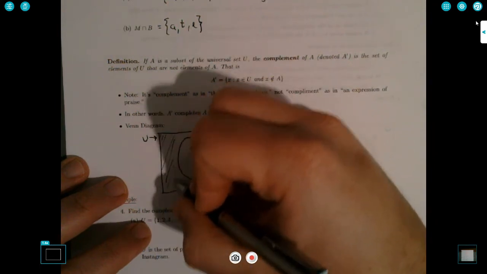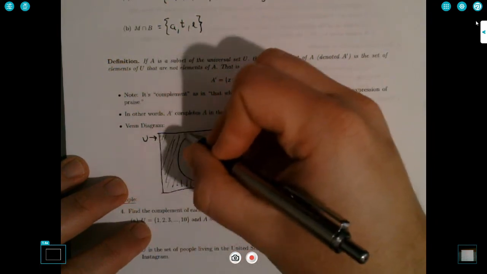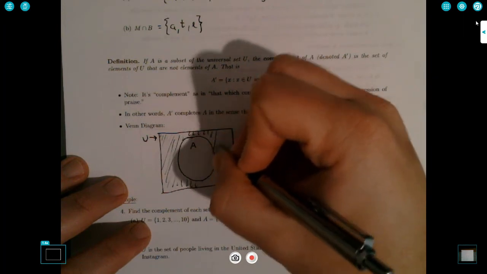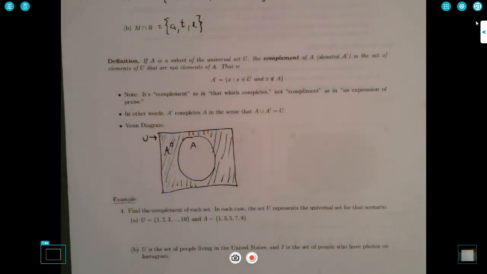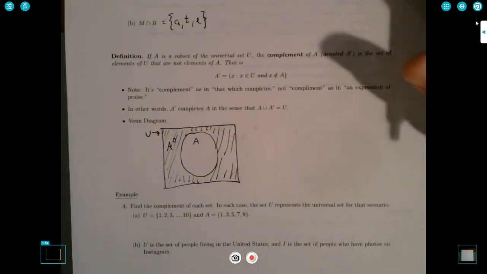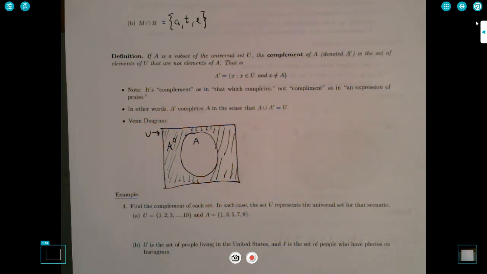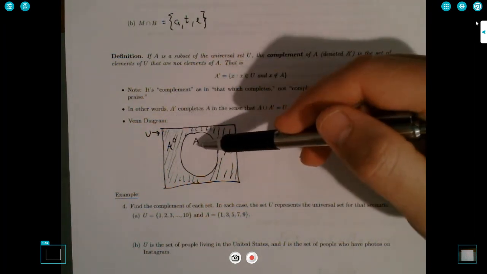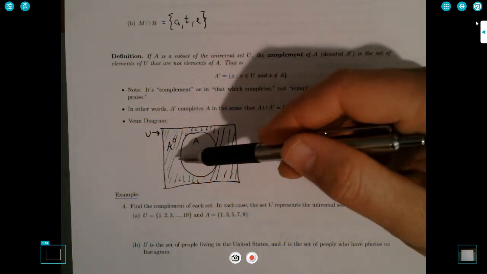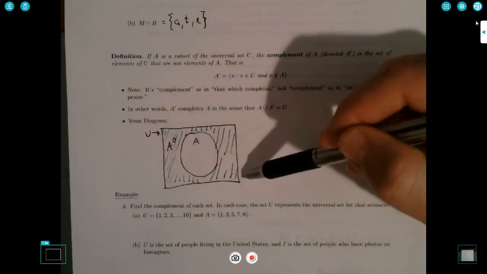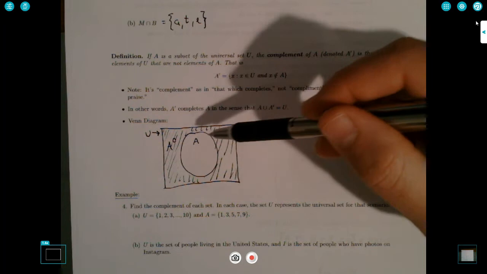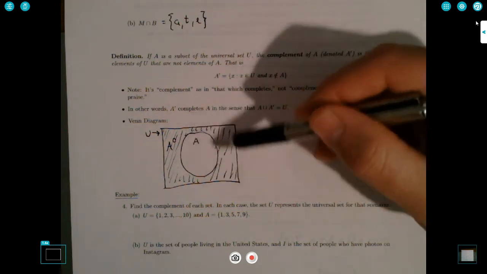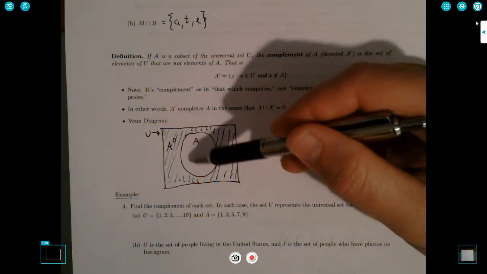It would be all the stuff that's not in A, all the stuff that's in the universal set but not in A. That's A complement. So now if you think about A complement union A, that means you throw these things together. Then you're just going to get the universal set. That's why we call it a complement, because it completes. A complement completes A.